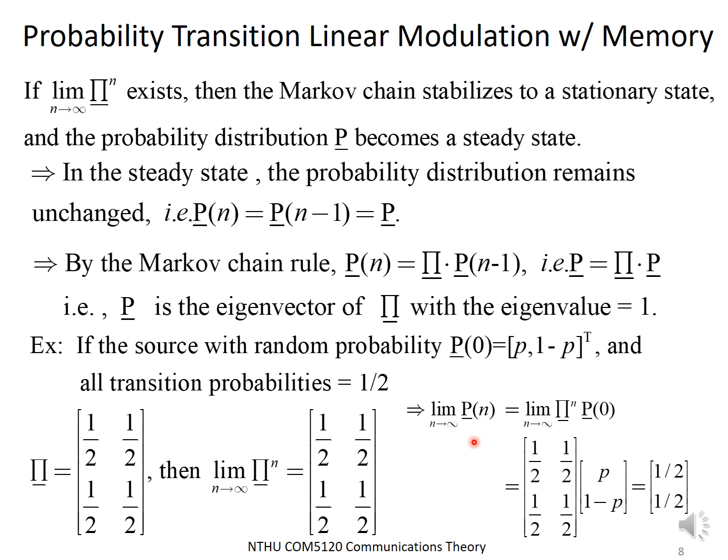the limit of the probability distribution at time n would be equal to P0 with n times of transition, which gives Pn.